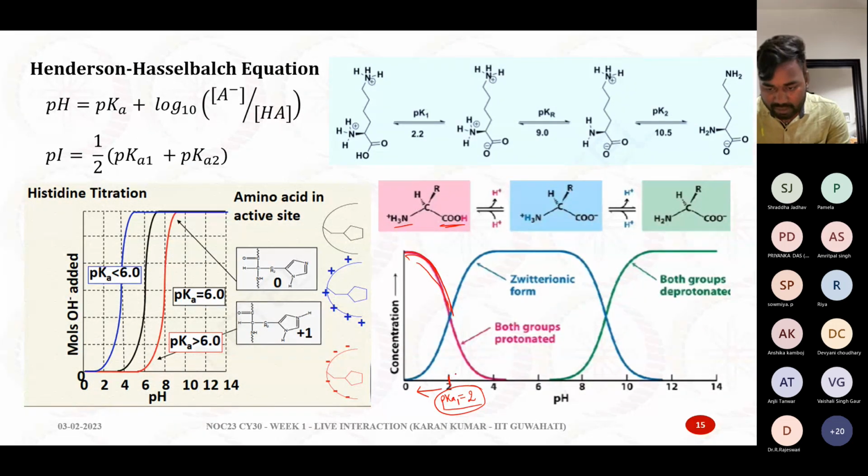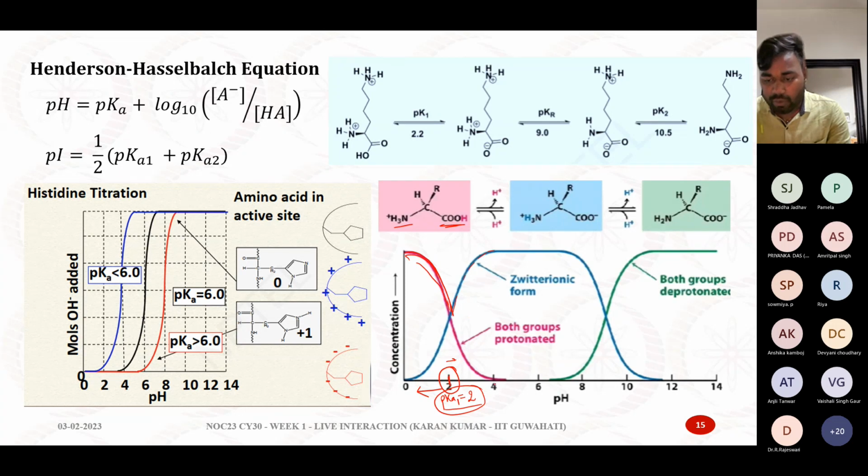But once you hit pH 2, going in the forward direction, the zwitterion form will tend to increase, right?